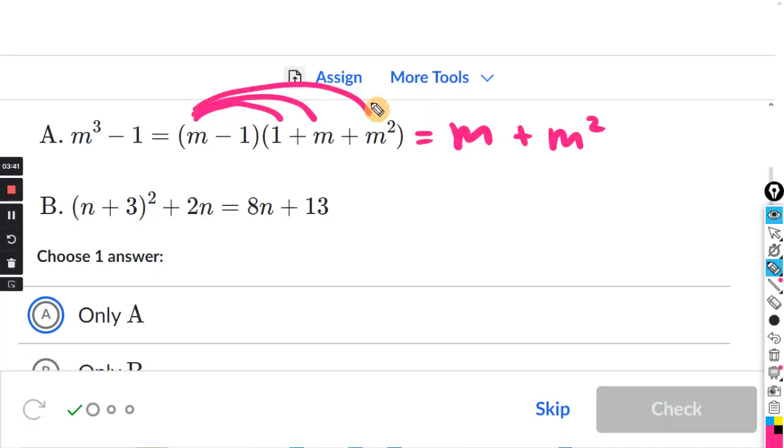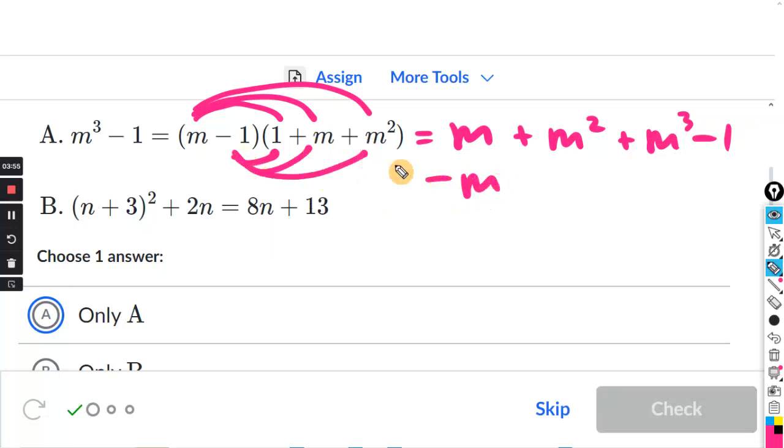And m times m squared is m to the 3rd. Distributing negative 1 times 1 is negative 1. Negative 1 times m is negative m. And negative 1 times m squared is negative m squared. Notice I lined up like terms when I distributed.